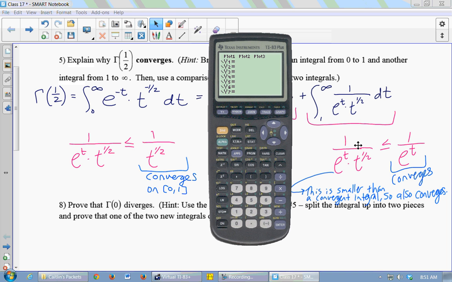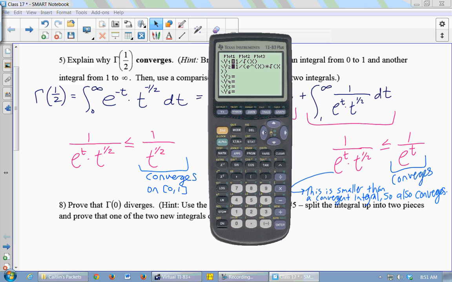So let's put my comparison function first. We'll have 1 over the square root of x. There's my function for comparison. And then my integrand itself is 1 over e to the x times the square root of x.